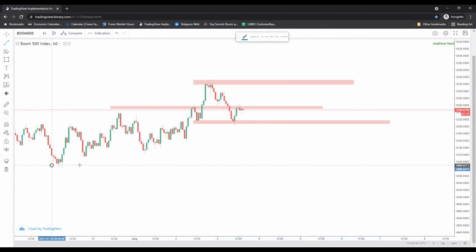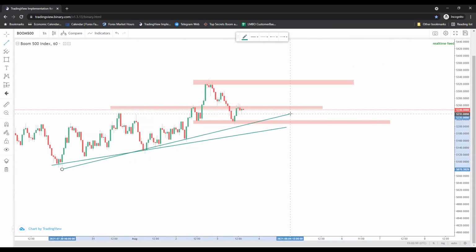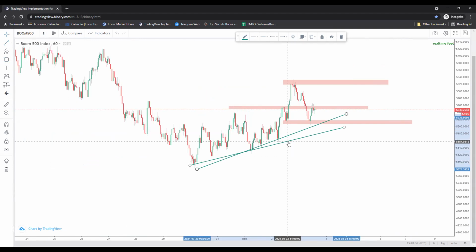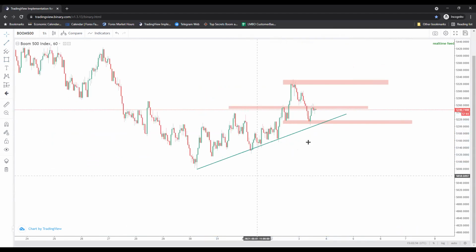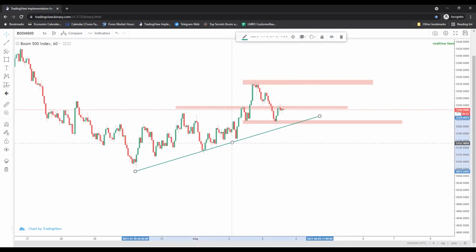So what this trend line shows you, if I draw it like this or like this, what it is showing you? There are two ways you can draw the trend line. First of all, keep the maximum touch.